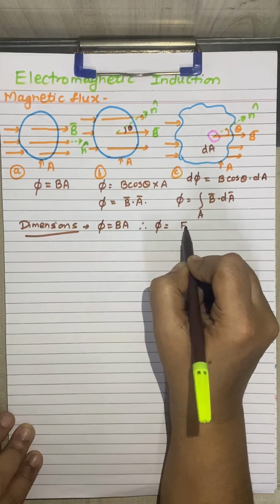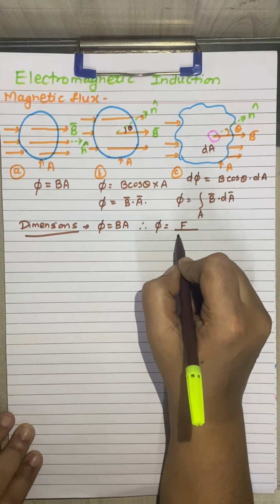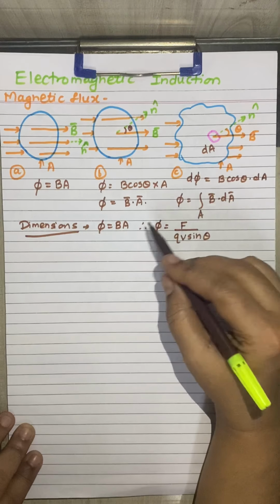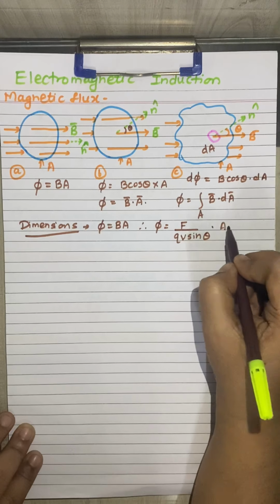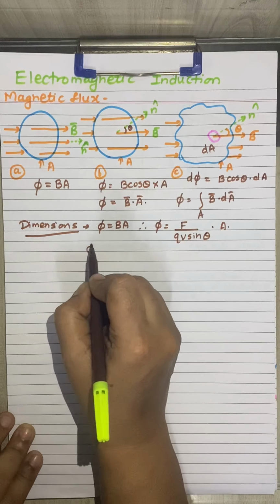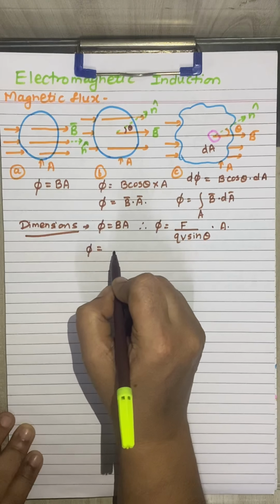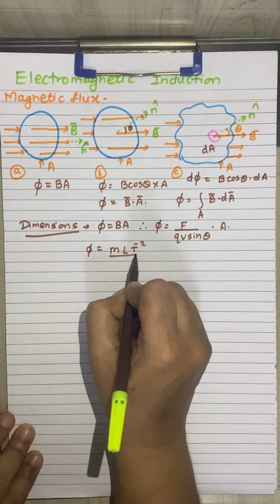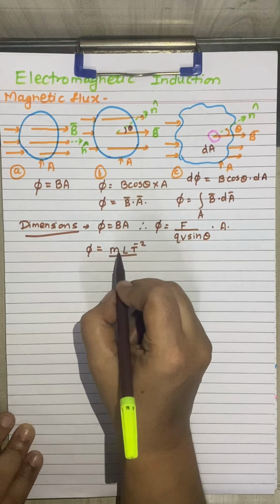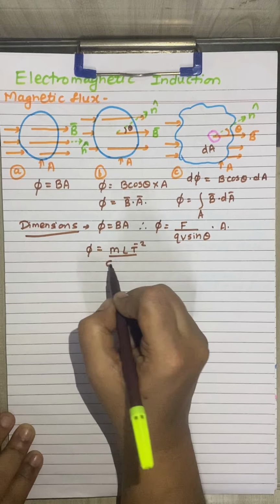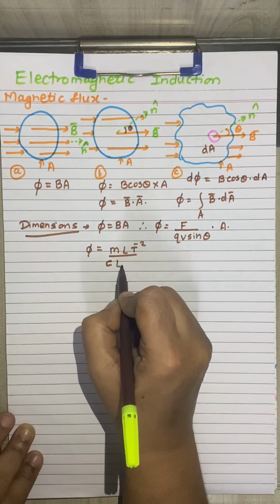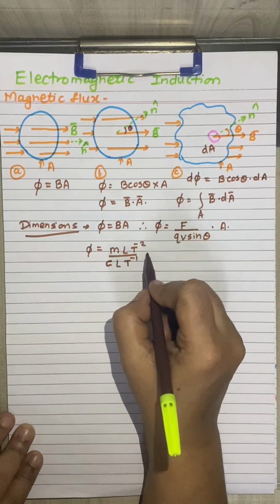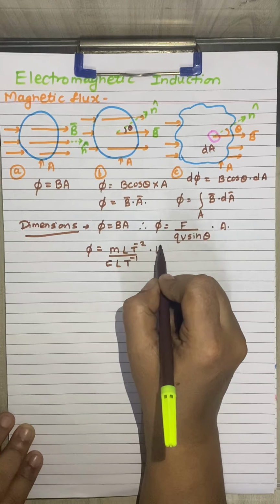So B is F upon QV sin theta, multiplied by A. In this way phi is equal to M L T raised to minus 2, this is the force, divided by the charge Q, that is C L T minus 1, multiplied by the area, that is L square.